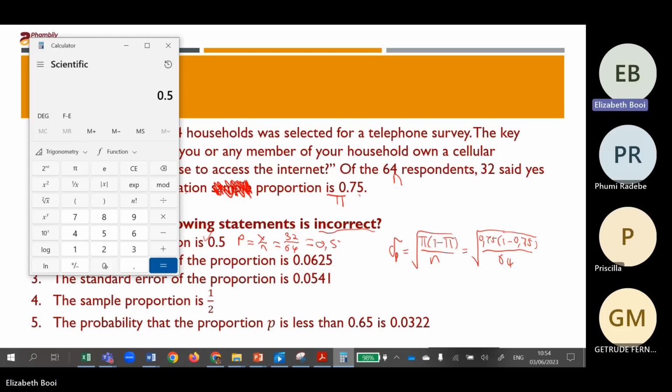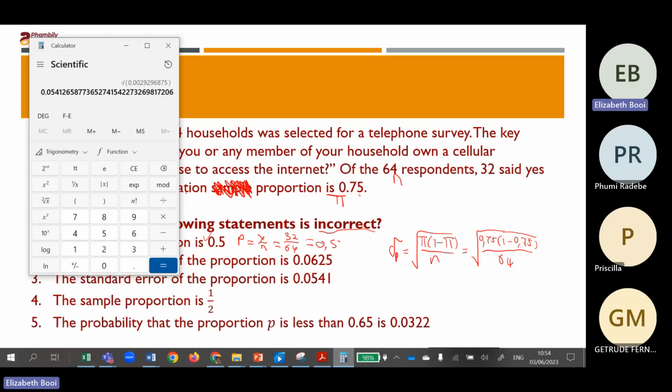So go and calculate. 0.75 times 1 minus 0.75 is equal to 0.18. Divide the answer by 64 equals 0.002929.